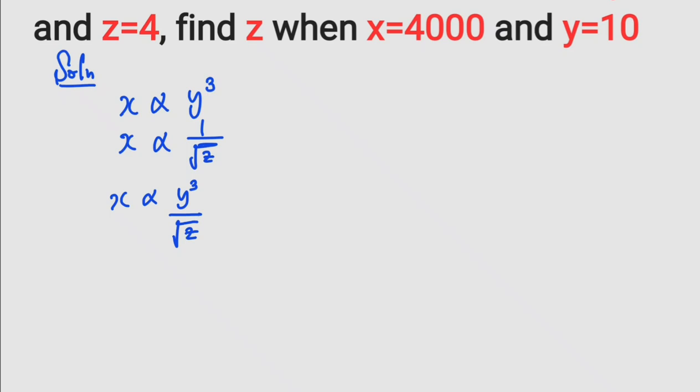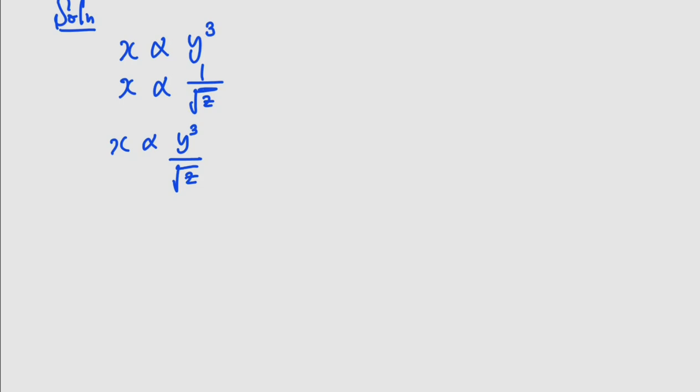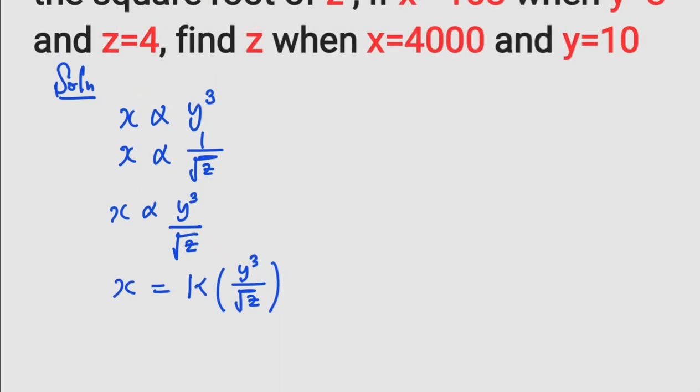For us to confirm this, we introduce the equal sign. So we have x equals k, the constant of variation, times y cube all over square root of z.